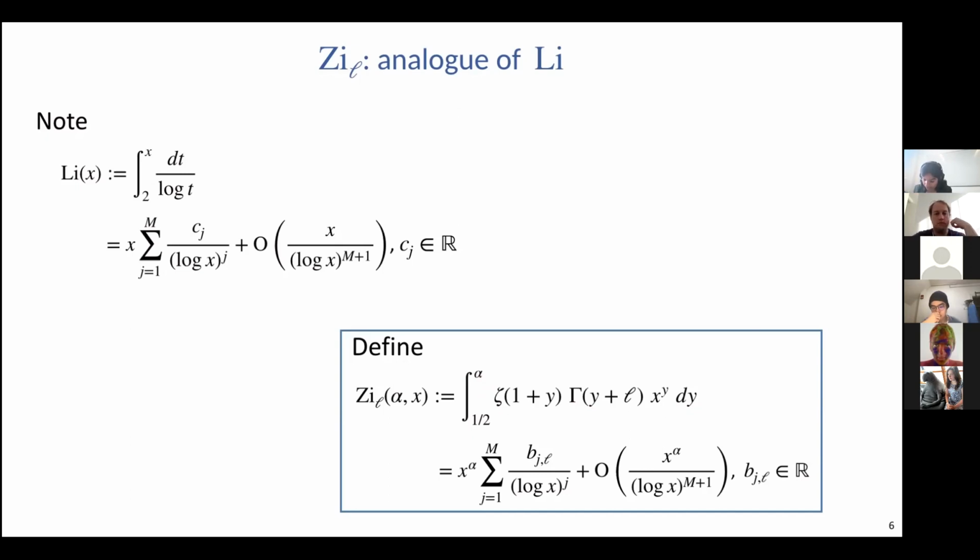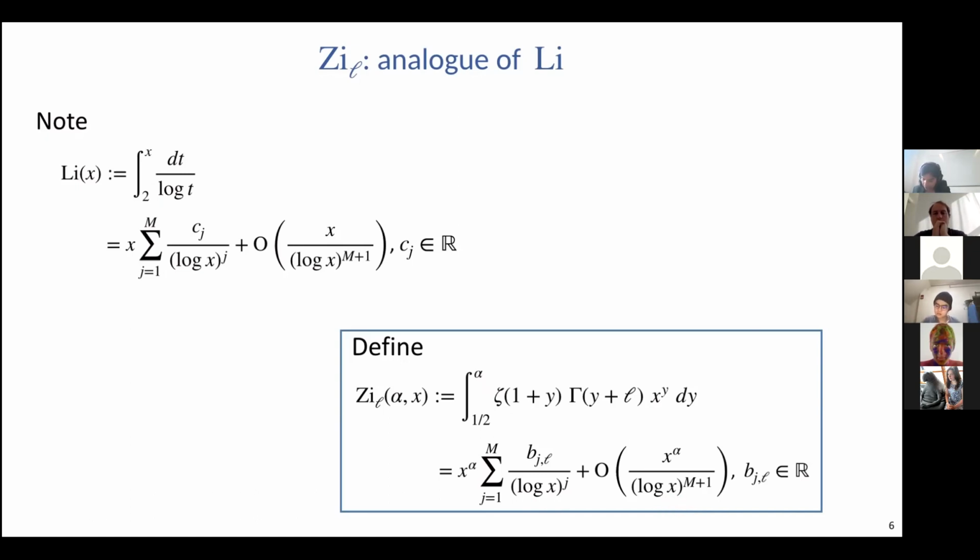Okay, so these are the variables. And if you integrate by parts once again, you end up getting this formula, and the same property is true, that you can truncate it at whatever stage and you can get the power of log of your choice in the denominator here in the error term.